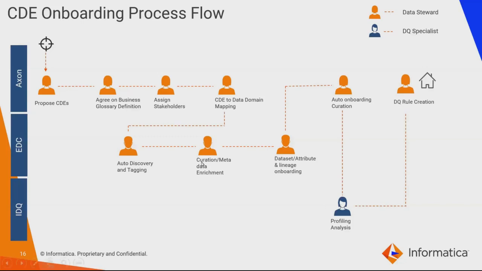Then leading to curation of that information. So the discovery process presents possibilities, but with the help of the users, that information is curated, verified, and the metadata enrichment provides additional information. And then at this point, at least we have the identification of where this information is that we care about.